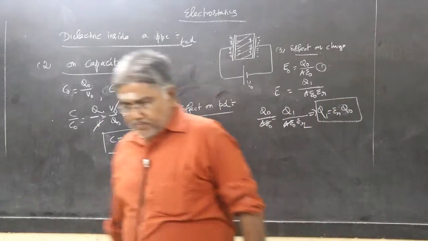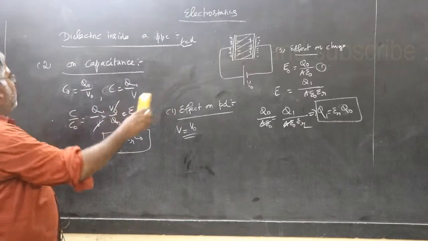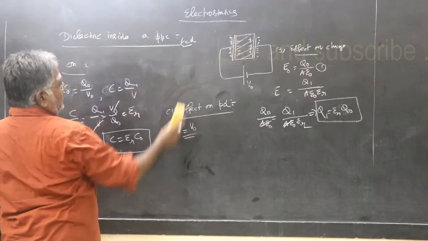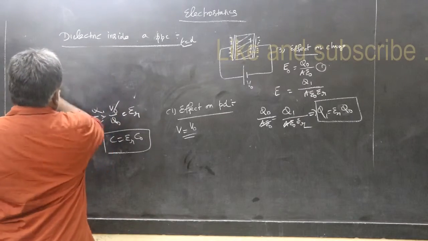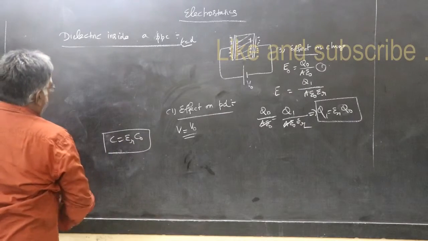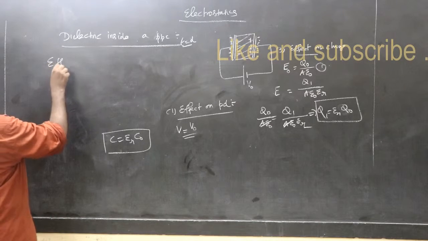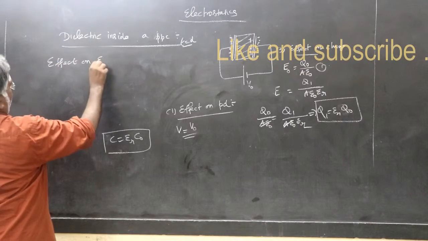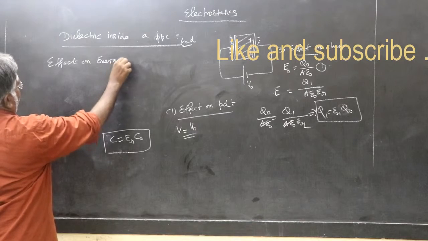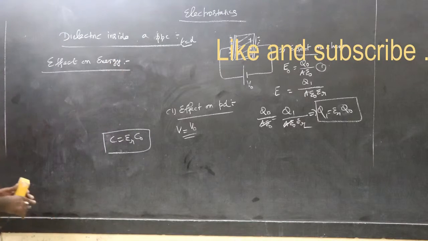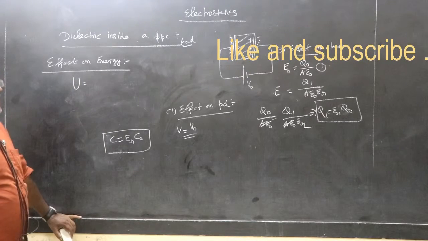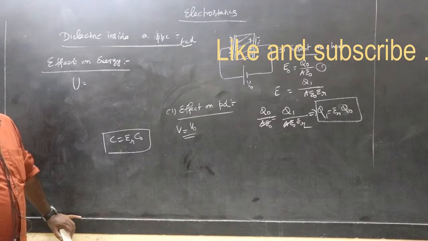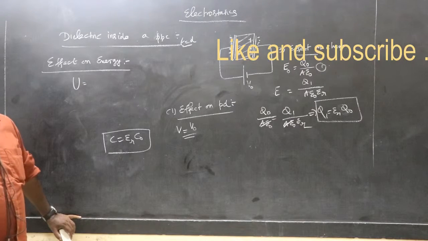Next is energy, effect on energy. U is equal to, here it's better to use the expression of CV square, because V is constant, it will be easy to compare.